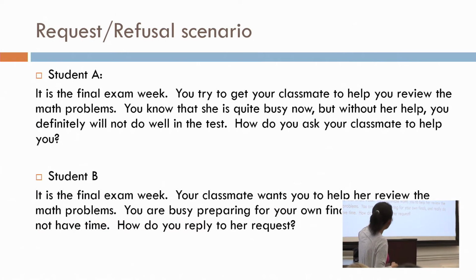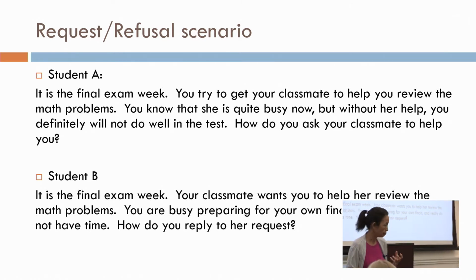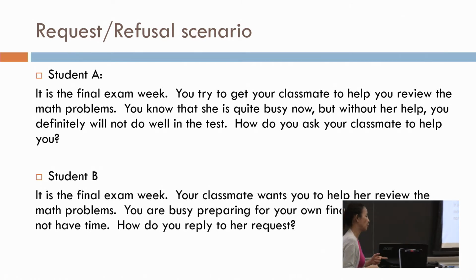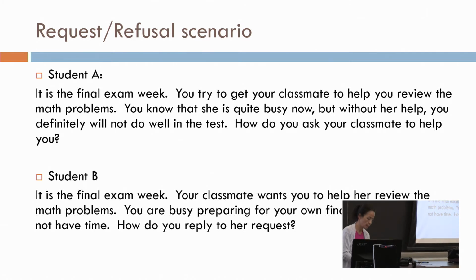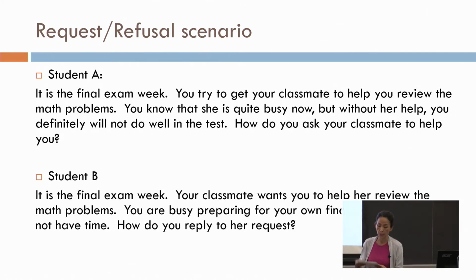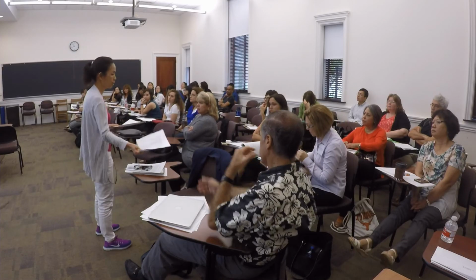So student A has to ask their classmate to help him review a math problem. I ask students to do the conversation and record it. I also ask the native speakers to do a conversation based on this scenario. So here is their conversation. And then I ask students to compare these two dialogues.